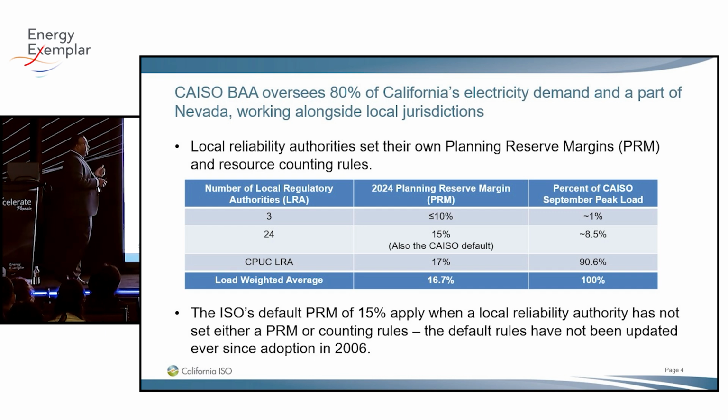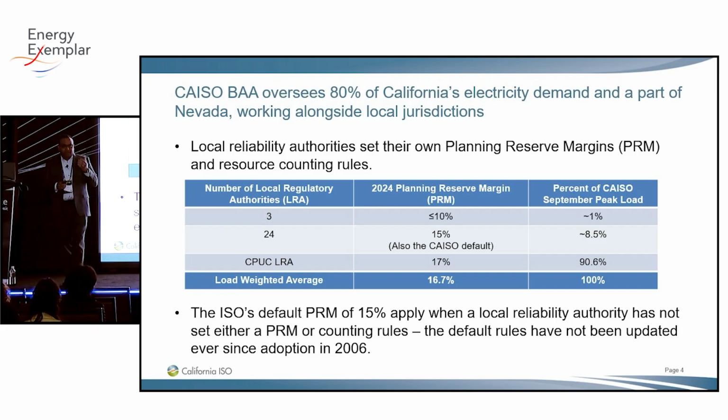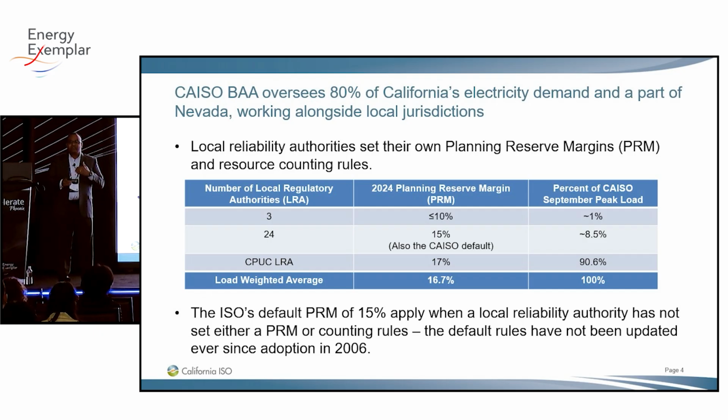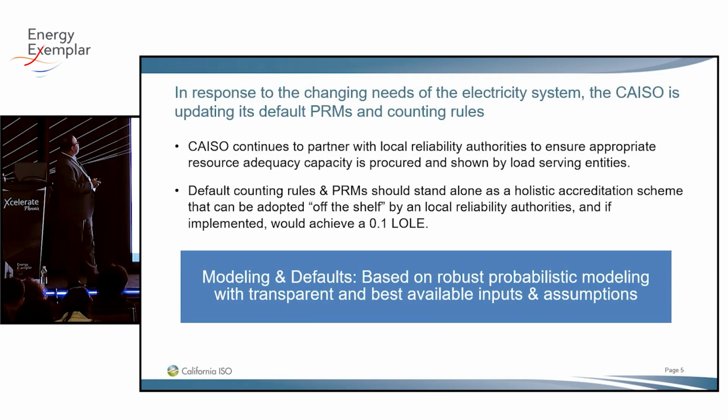For anybody that does not have a counting rule for accrediting these resources, we have default counting rules that were adopted back in 2006 and never updated. That's one thing that we are trying to update, and I will talk about that in a little bit.